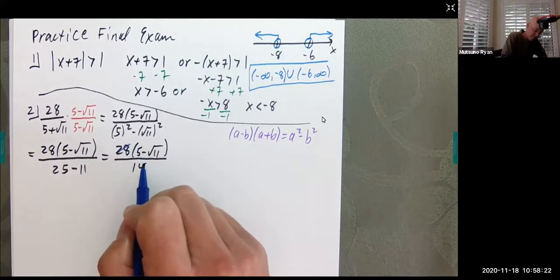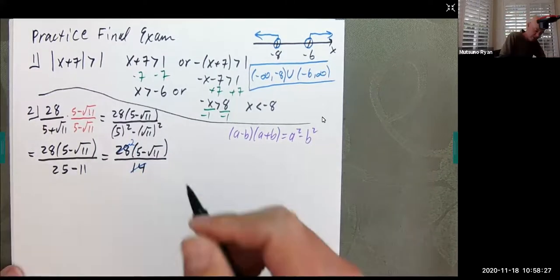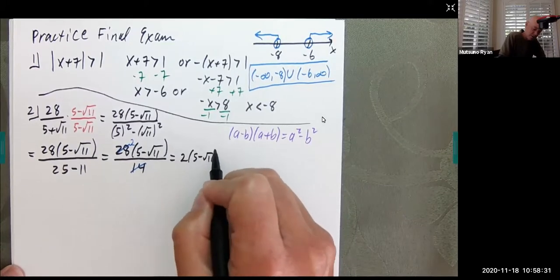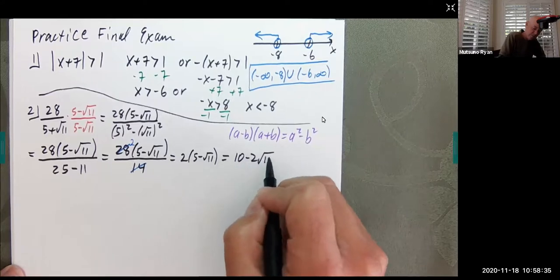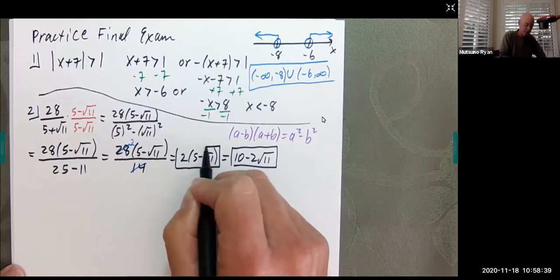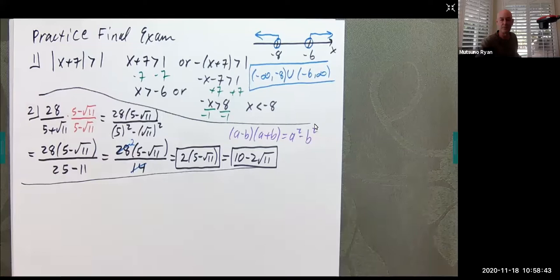28 and 14 reduces to a 2. There's 2 ways to write the answer. Like that, or you can distribute it in. Either way is fine. Both work just fine.